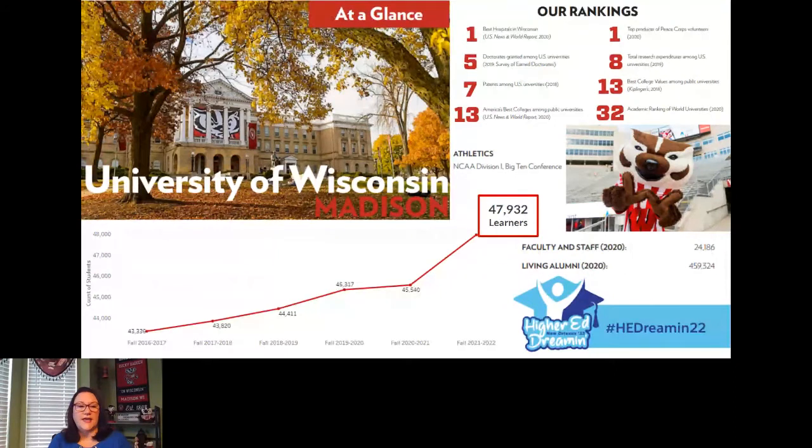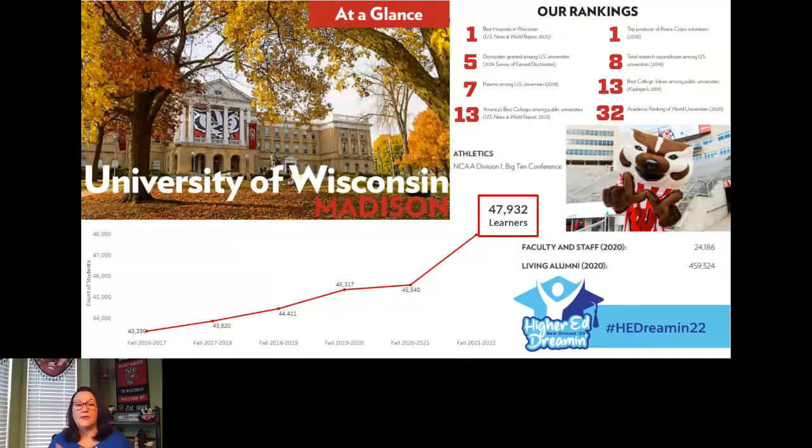In addition to that, as well, from our last annual report, we had just over 24,000 faculty and staff and almost 460,000 living alumni. In addition to that, we have hundreds of thousands of people that we are working with throughout the state of Wisconsin with community organization, different people across the United States as well as globally.